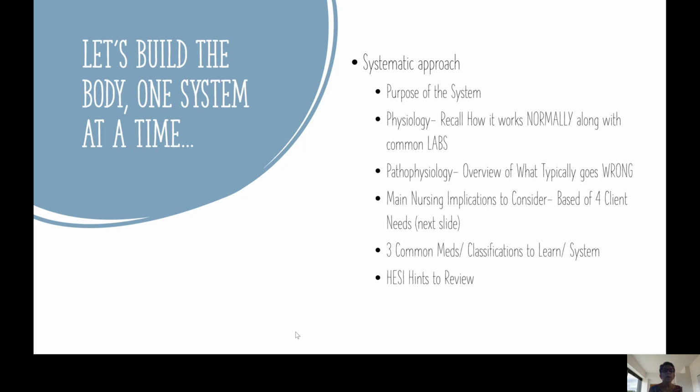So as we have done previously, we are using a systematic approach on how we are going to discuss the systems that we lecture upon. We will talk about the purpose of the system, some basic physiology about how it normally works, along with some common labs. I do encourage you to use your RN notes flip chart so that you can get familiar with that.